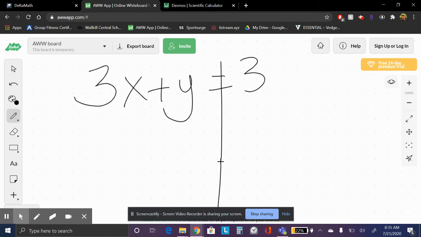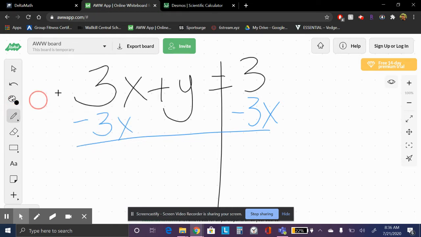I'm going to get this 3x and bring it over here. I have to do the inverse operation of adding 3x, which would be subtracting 3x. Now when you do that, these cancel out, right? You don't need those anymore.